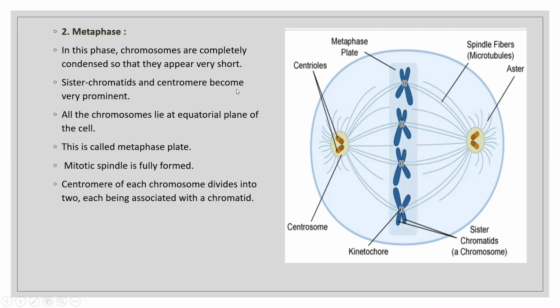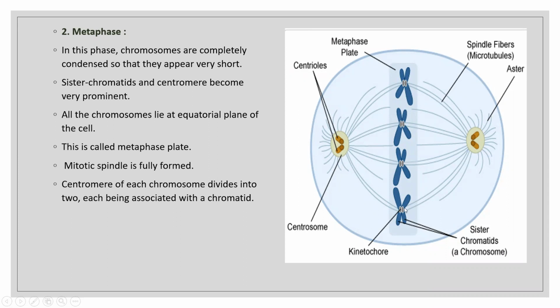Sister chromatids and the centromere become very prominent. These are sister chromatids, 1 and 2. We can define sister chromatids as the chromatids of the same chromosome. This is one chromosome, this is another chromosome. So when chromatids belong to the same chromosome, they are called sister chromatids.